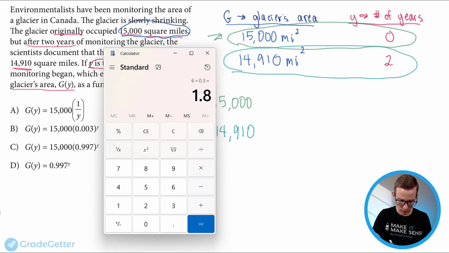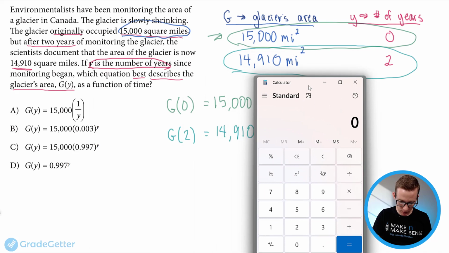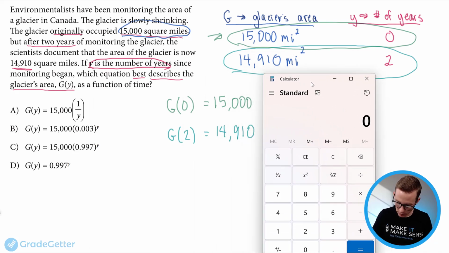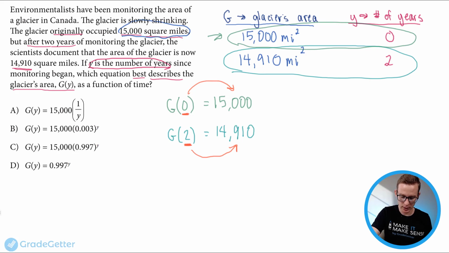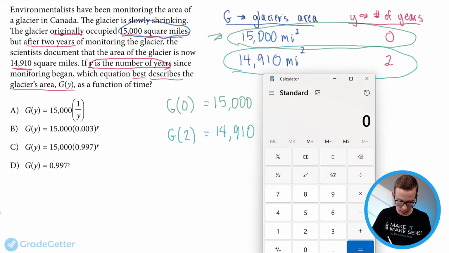So I'm going to bring up my calculator and type in our y values into each one of these equations and see if I get the correct output. My input of 0 should have an expected output of 15,000, and my input of 2 has an expected output of 14,910. So let's see which of these equations correctly takes my input and gives me the right output.